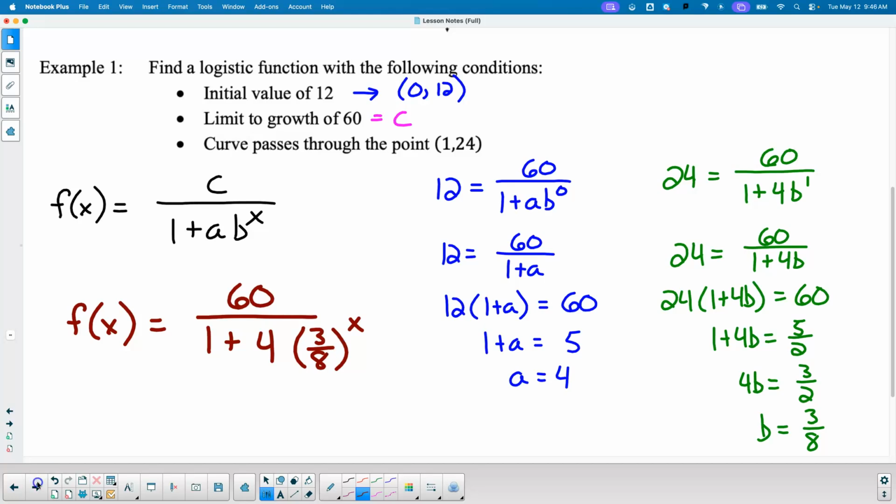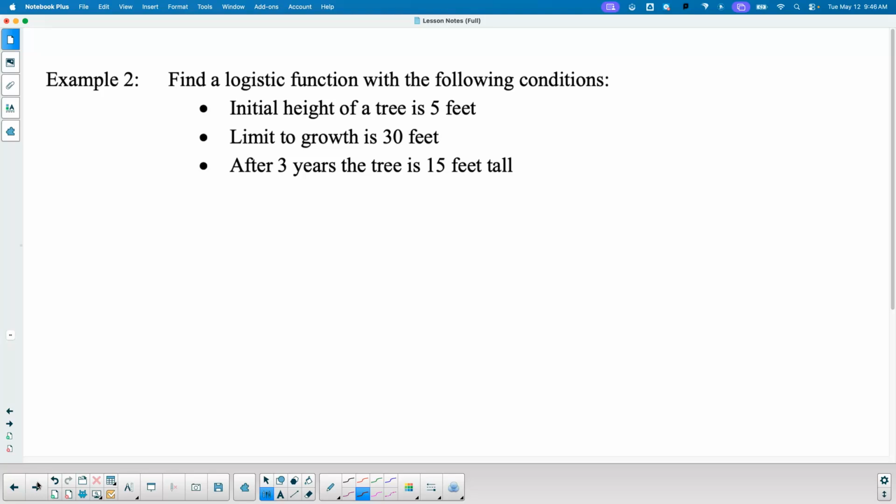What I'd like you to do now is find me a logistical function under those conditions at the top of the next page.